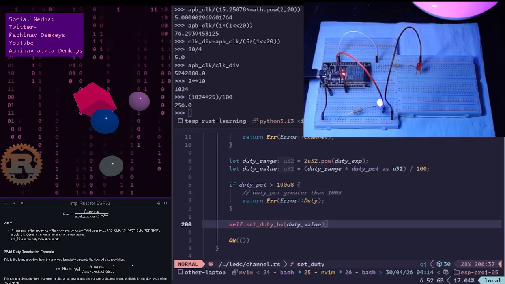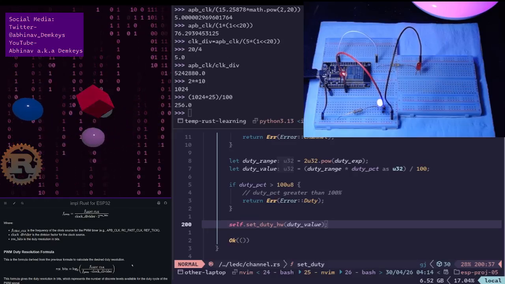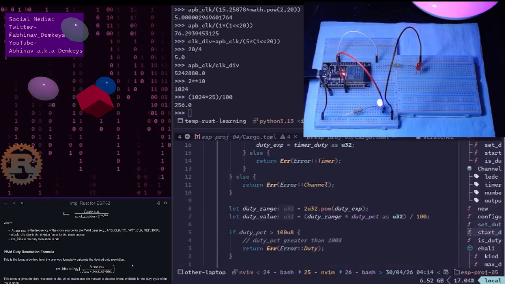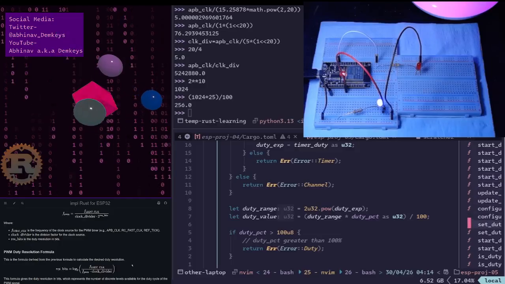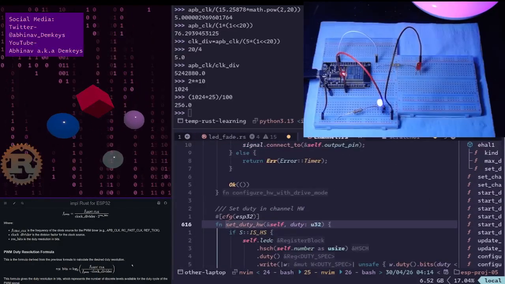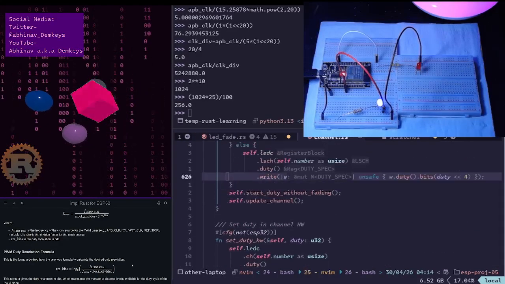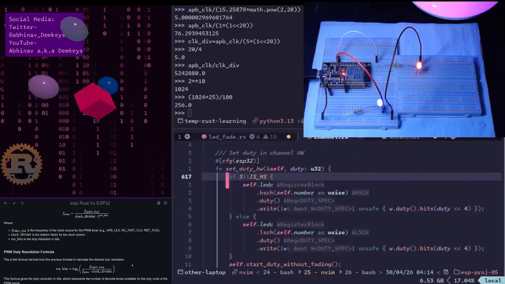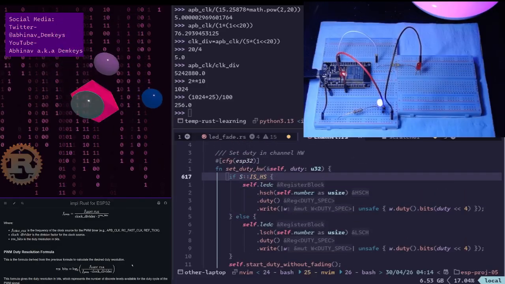And that is over here. It passes that value in here, and this is the actual duty value.